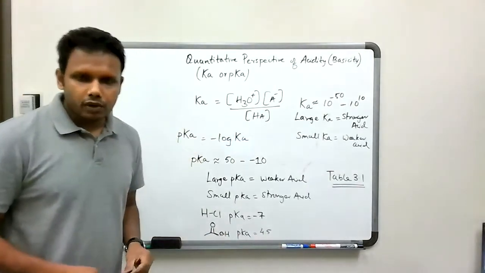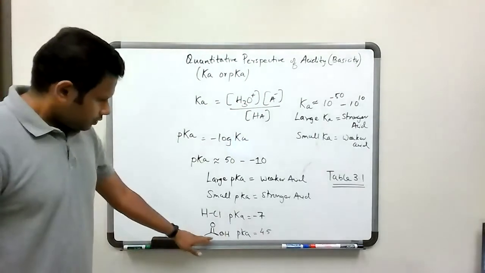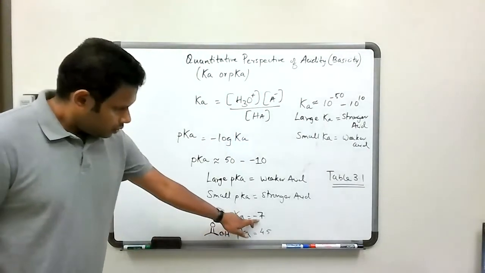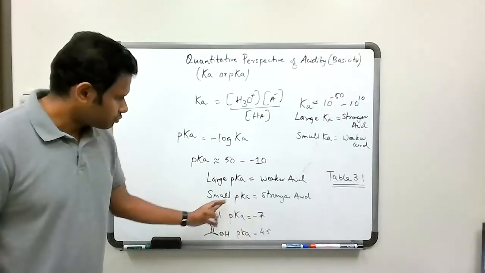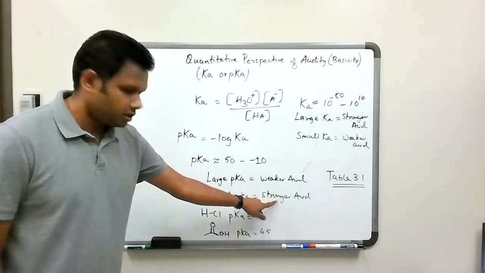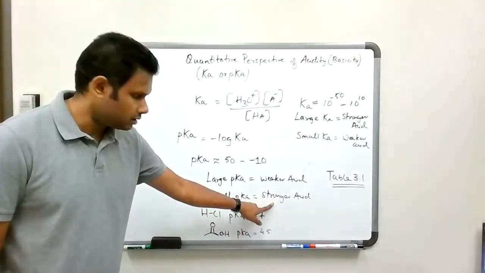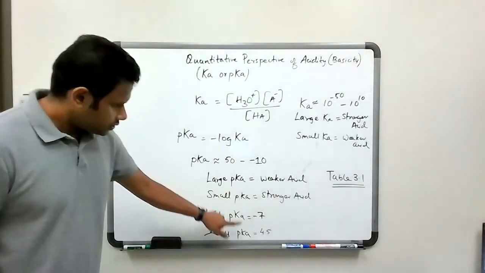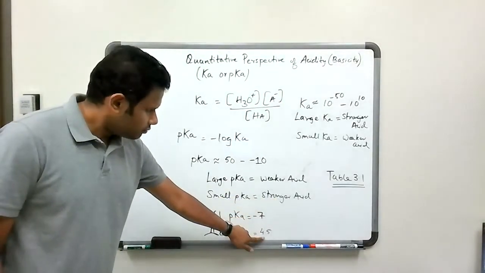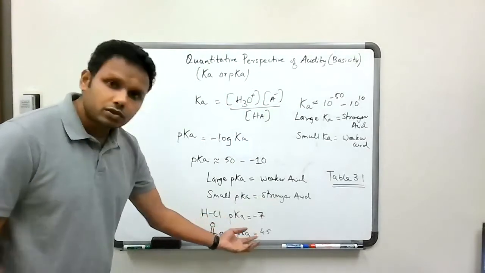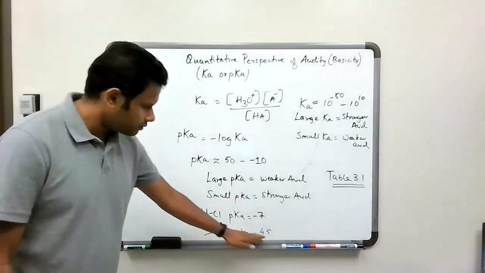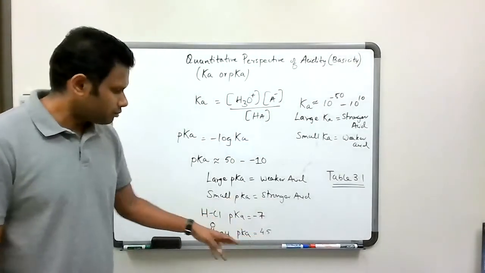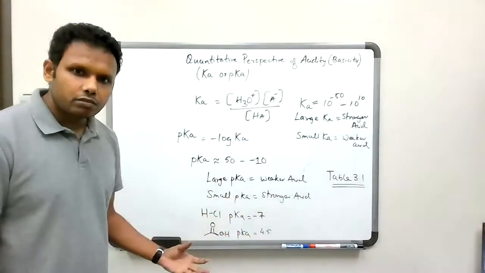I'm just giving you an approximate number. So what does that mean? A lower pKa, negative 7, or a smaller pKa means it is a stronger acid. A large pKa relatively means it is a weaker acid. Now this is not large, but it's a relative factor here. So relatively this is bigger. So that means acetic acid is a weaker acid.